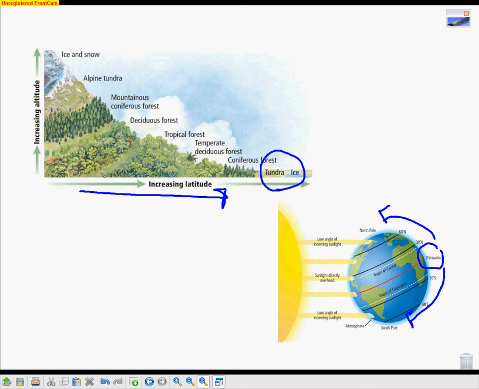So you can go from somewhere that's very tropical to somewhere very, very cold. Altitude works the same way. This time, if we increase our altitude, if we go higher above sea level, you see you have these different bands that form as far as your ecosystems go, to where you can ultimately end up with ice and snow.